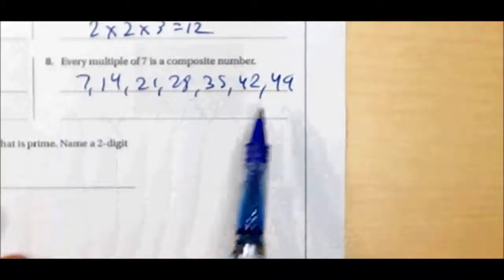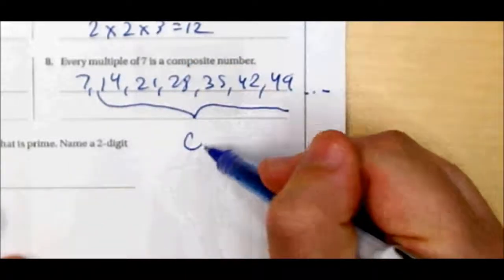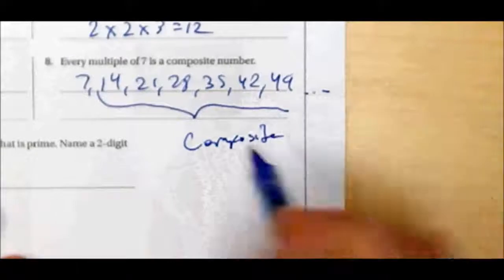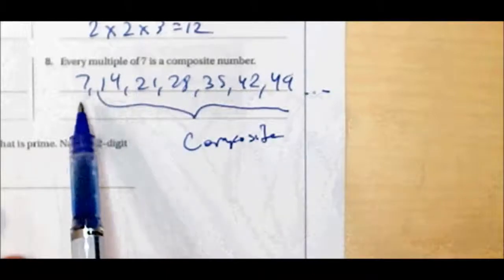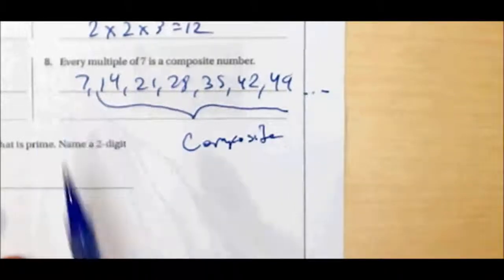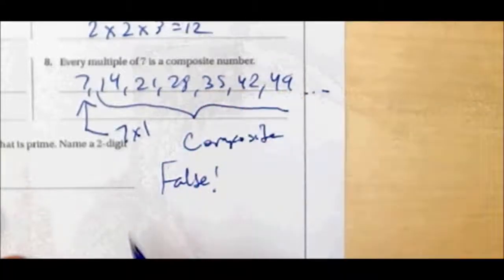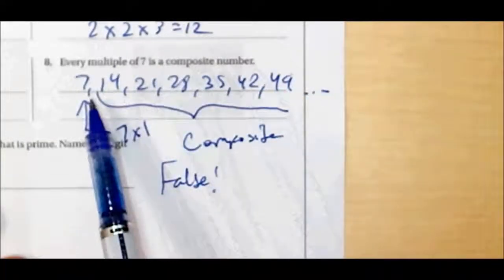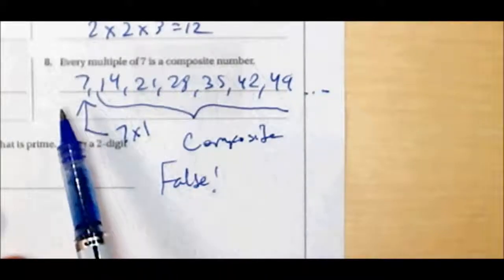I can tell you that everything from here on out is composite because they're divisible by 7, itself, 1, and then another number. But this first one is actually a prime number because it's only divisible by itself and 1, and that is it. So this is false. There is one multiple of 7 that is a prime number, and that is 7 times 1, which is 7.